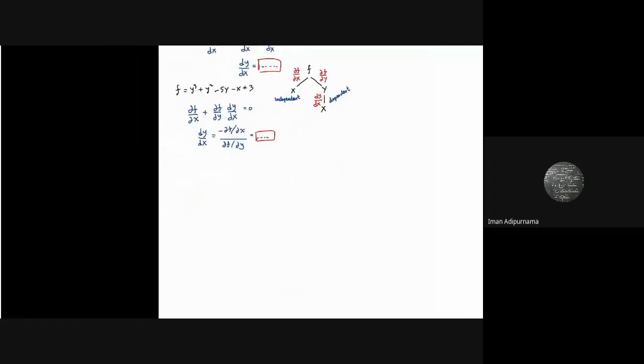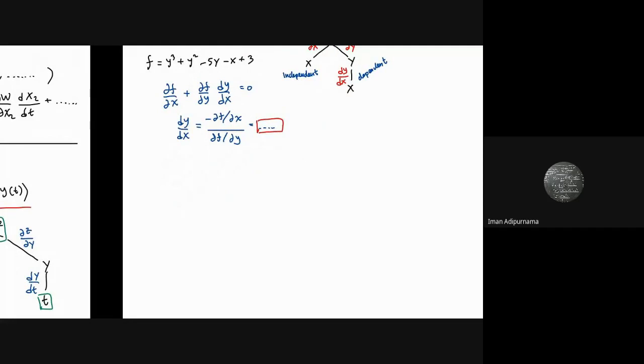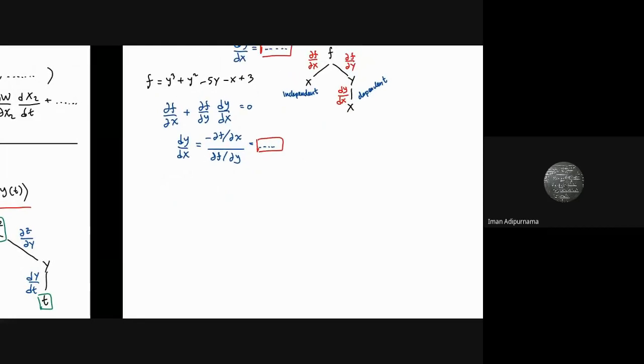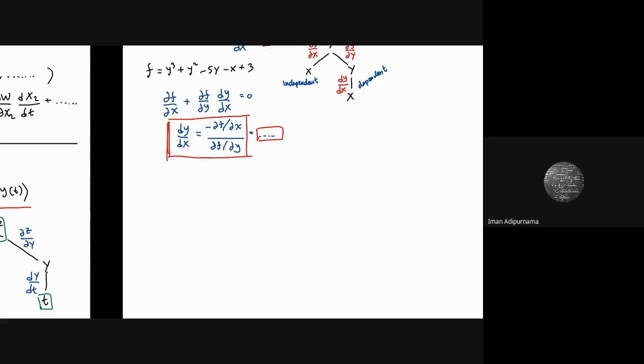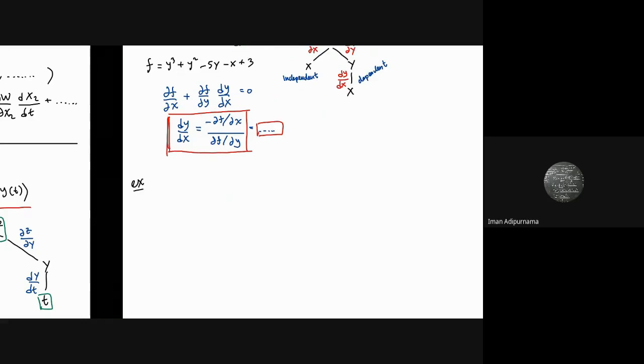So let me give you another example, so you know how to use it. This has become important for finding the implicit derivative. Another example: let's say we have 3 variables.